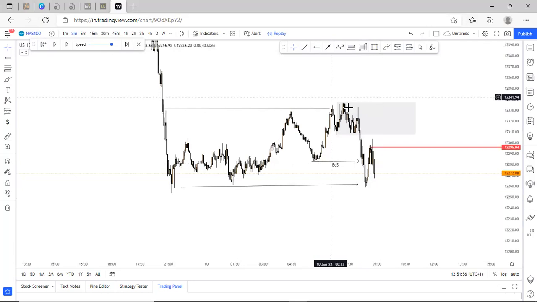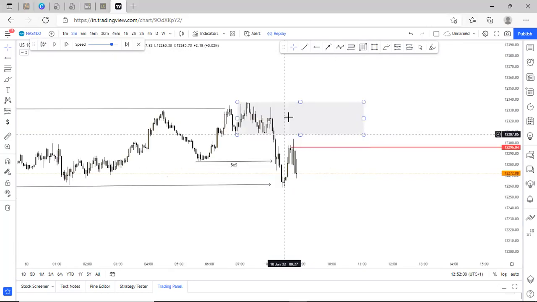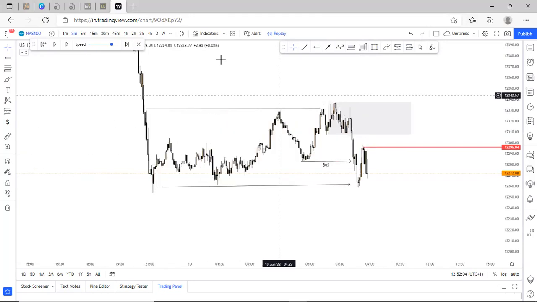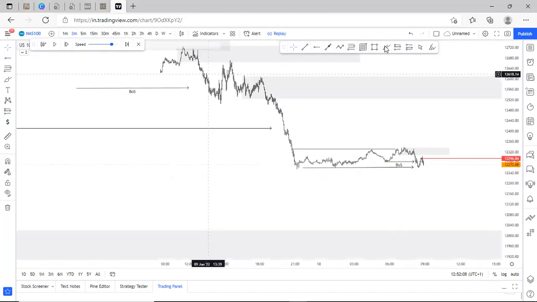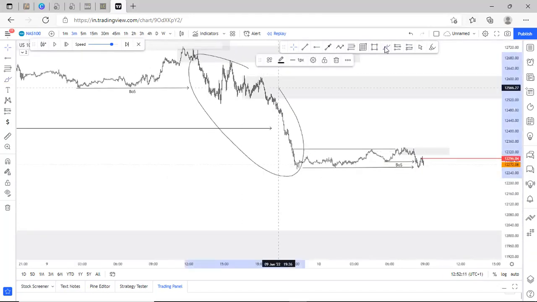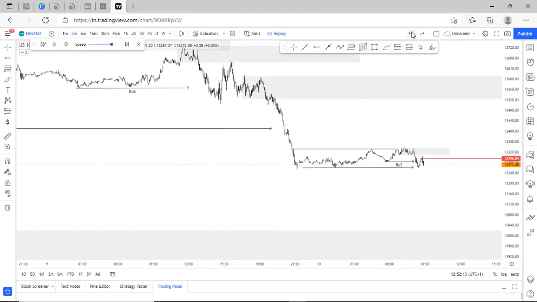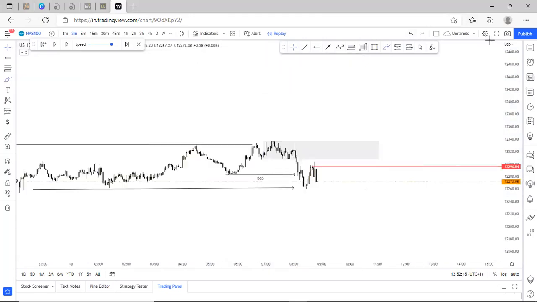We have a liquidity grab, we have multiple breaks of structure, and we have an unmitigated supply. So I was willing to risk, especially because I have made a good amount of profits from the previous sell on Thursday. So I have some little money to actually risk. So that was why I took this.